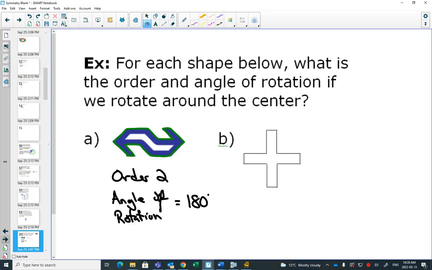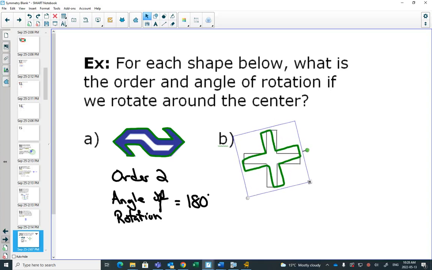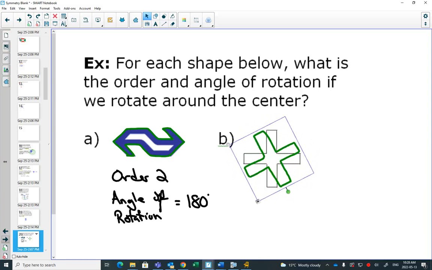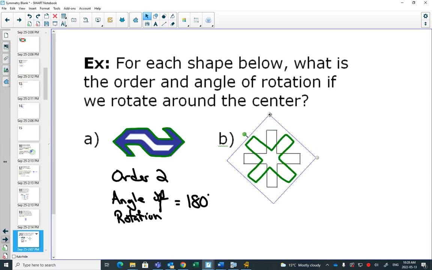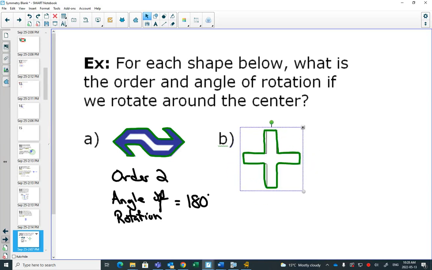Now, I think this was supposed to be drawn with the same thickness. On mine, it looks like it's narrower at the bottom. But it looks the same on yours? Okay, good. So I take that shape, rotate it, bing, once, twice, 3 times, 4 times.